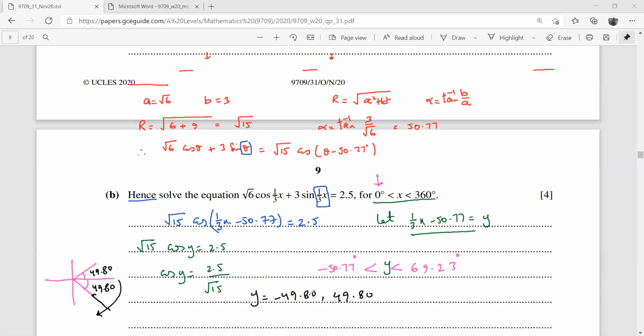By seeing this, you can get the values of x now. If you just rephrase this equation here, this is going to be 1 over 3x, that is y plus 50.77. So your x is 3 times y plus 50.77. So when you have y equal to minus 49.80, this is going to be 3 into minus 49.80 plus 50.77. So what do you get, beta?